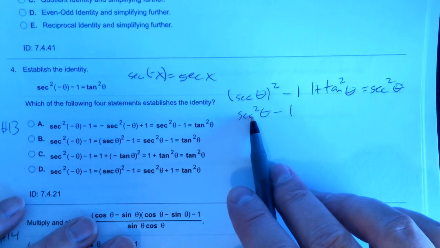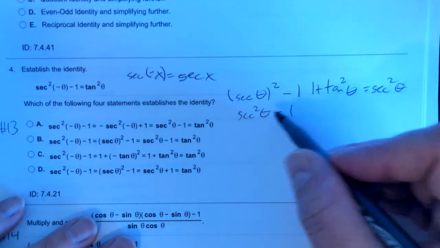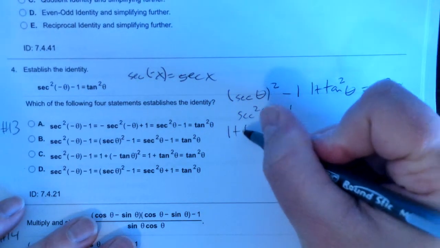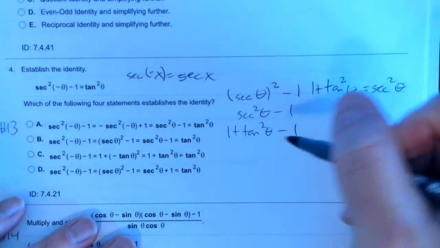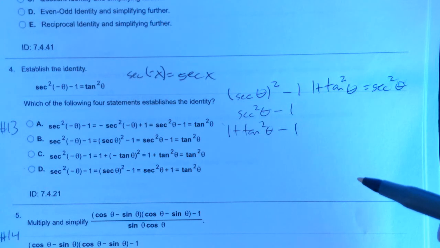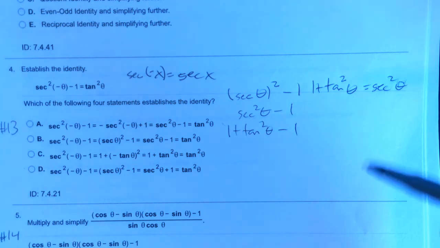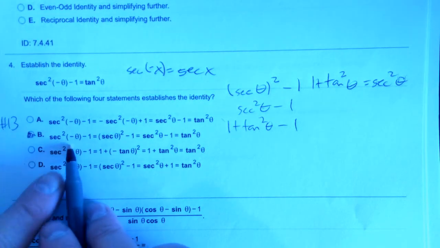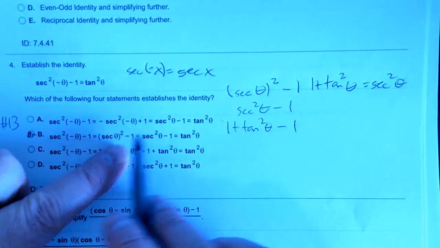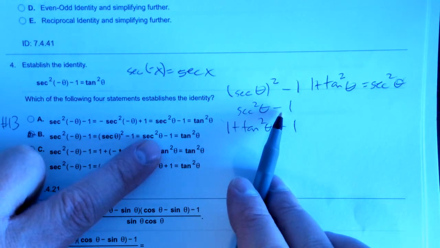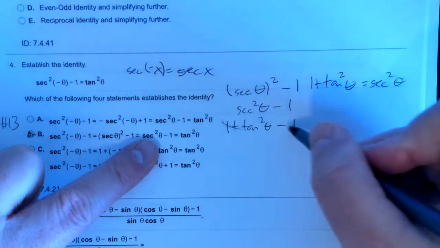And so then we're going to replace this and then your 1's are going to cancel. So for number 4, that ends up being B. So we have the original, and then secant squared minus 1, and that's really secant squared minus 1, and then that's really tangent squared.